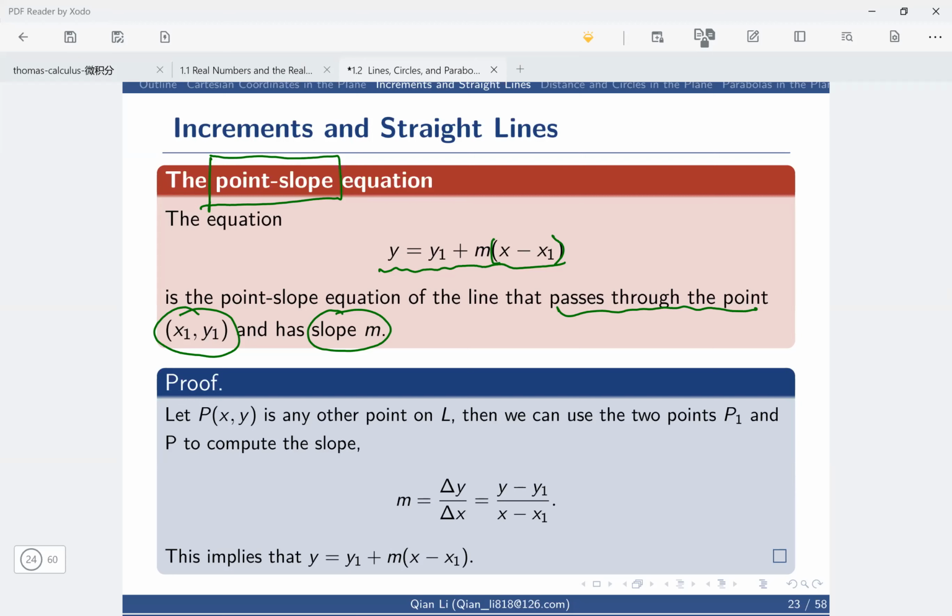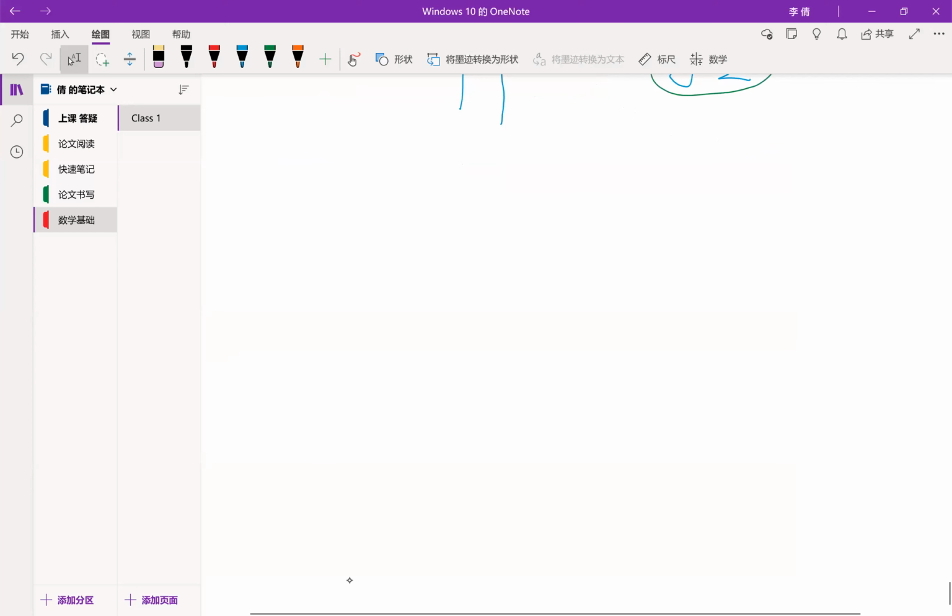Let's see some proofs. Let P equal (x, y), another point on the line L, and then we can use the two points P sub 1 and P to compute the slope of this line, right? Can you understand? Let's see first.